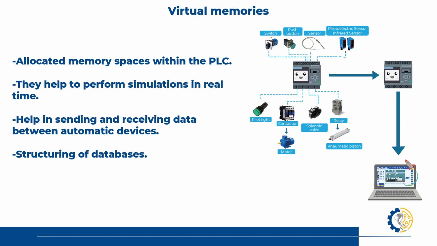So they help in sending and receiving data in automatic devices. If we have a reading, for example, in our thermocouple or a temperature sensor, it's going to give it to us in Celsius. And also, if that reading we wish to share with another PLC, so that it takes that information, it's going to depend on the process.